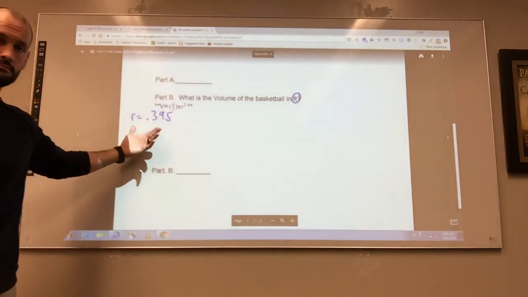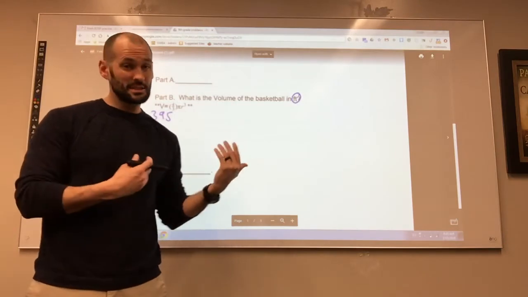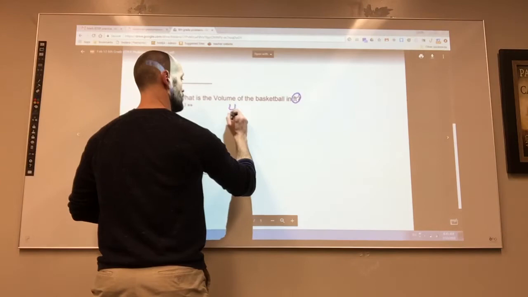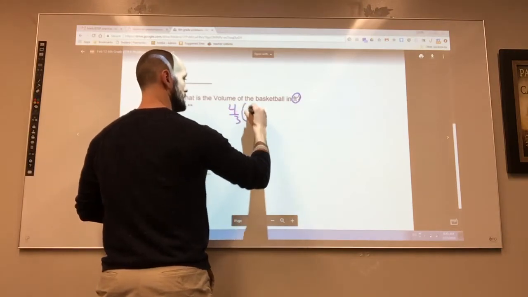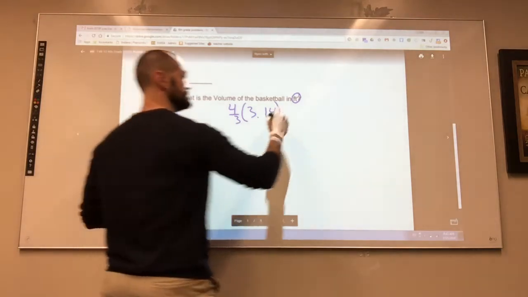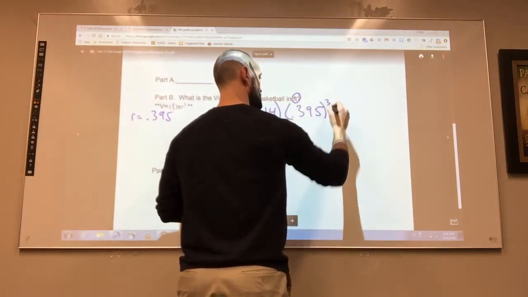Plug in. As long as you're not freaking out over this new formula, this was pretty easy, because all I'm doing is plugging in. I have 4/3 times pi times my radius cubed.